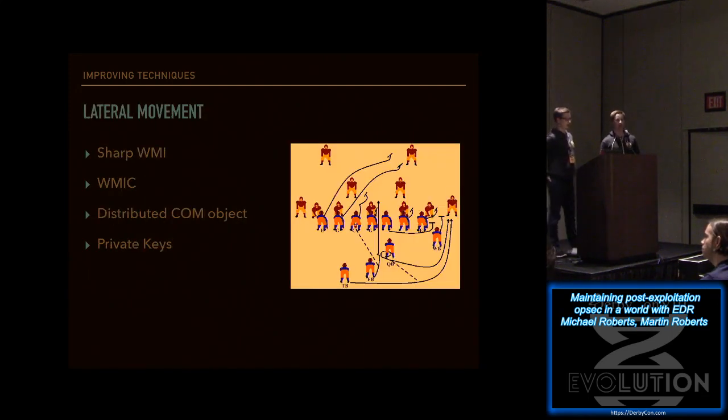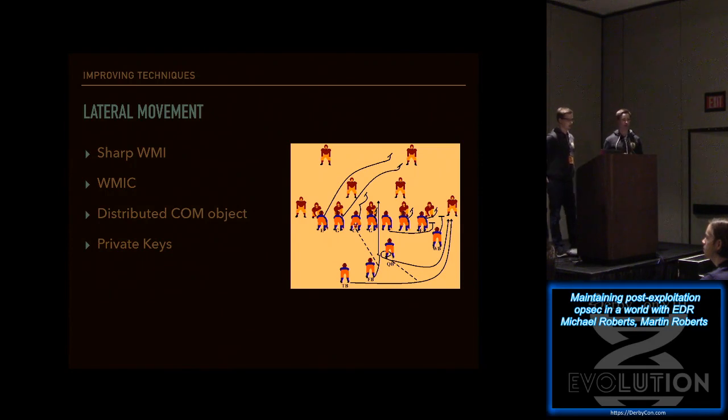Lateral movement. Let's see. SharpWMI, I mentioned GhostPack earlier. Distributed COM objects is another new technique. There's tons of new techniques coming out every day that don't involve old lateral movement methods like WinRM and stuff that's going to get flagged immediately.